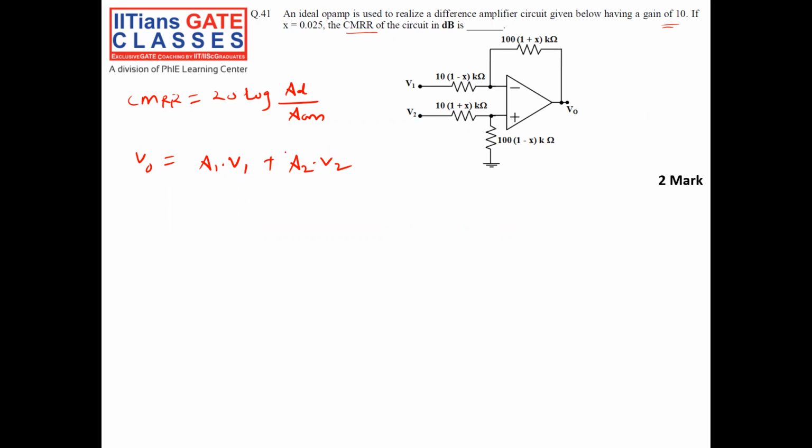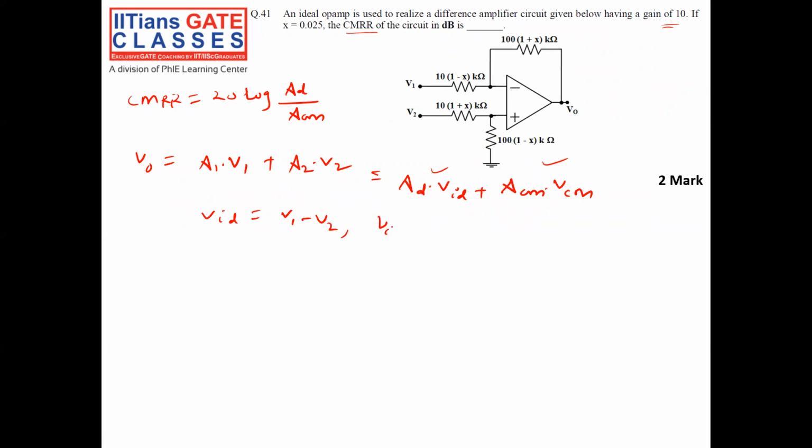Then we know in an op-amp the output is also differential gain into the differential input plus common mode gain into the common mode input. So the output is because of V1 and V2, and it can also be expressed in terms of differential output and common mode output, right? What is VID? VID is V1 minus V2. What is VCM?